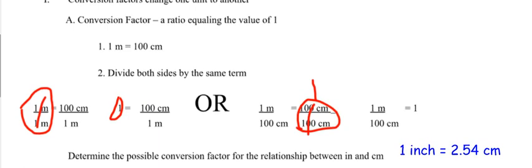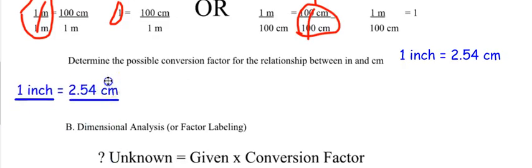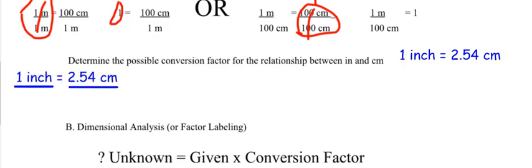Okay, so what I want you to do now is follow along with me, and let's do the same exact thing to come up with the 2 different conversion factors for the relationship between inches and centimeters. So I don't know if you knew this, but 1 inch is equal to 2.54 centimeters. So what can we do? All right, well, I'm going to start off with my 1 inch is equal to 2.54 centimeters. And what do you want to divide both sides by?